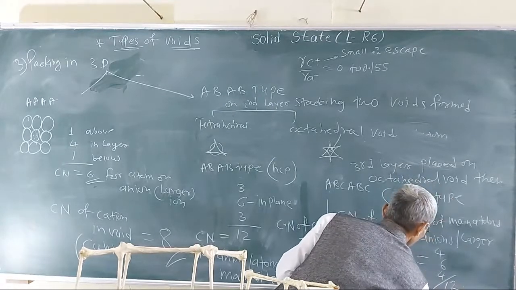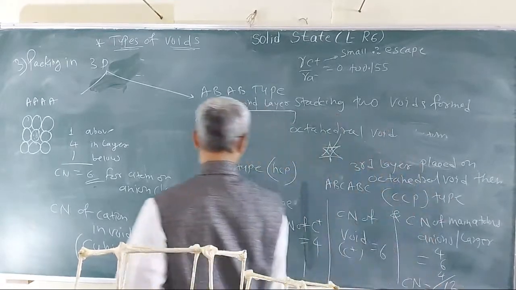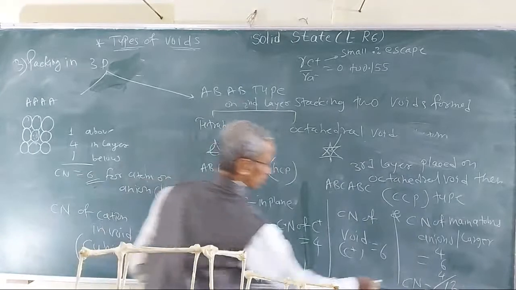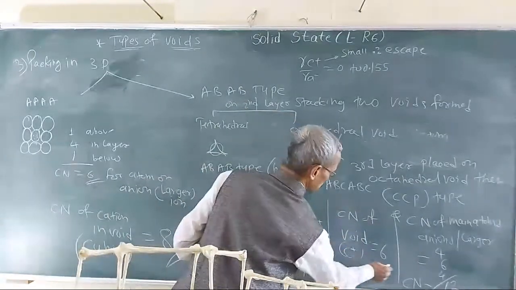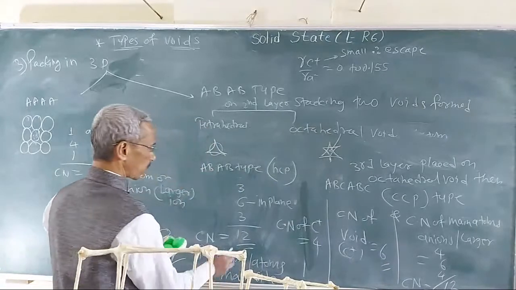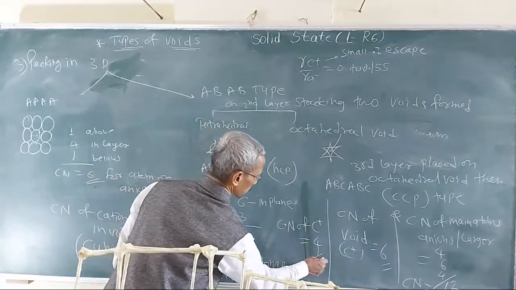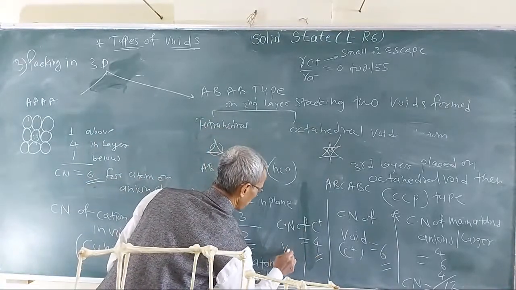Okay, coordination number equal to 12. Similar to this 12 and 12, but the coordination number of the void is 6 here, and the coordination number of the cations, that is the void for void.